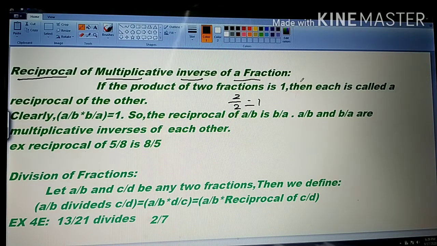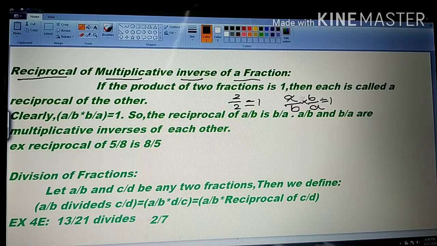In the same way, if you take two fractions, I am taking a by b. You have to get 1 here. If we have b in the numerator and a in the denominator, then only you will get 1. How?